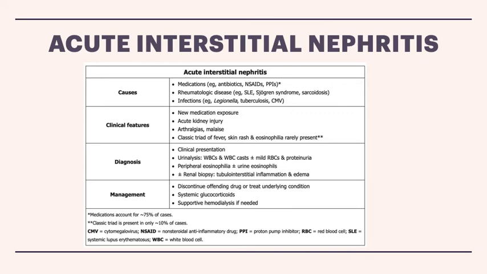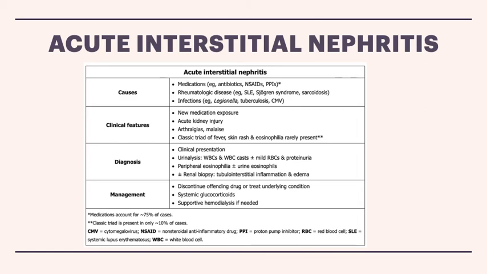It's a sterile pyuria. So you know that this patient's symptom is not due to a UTI or pyelonephritis, because yes, there are WBC casts, there's leukocyte esterase, there's an AKI, but there's no bacteria in the urine. And that will tell you that this is an acute interstitial nephritis.